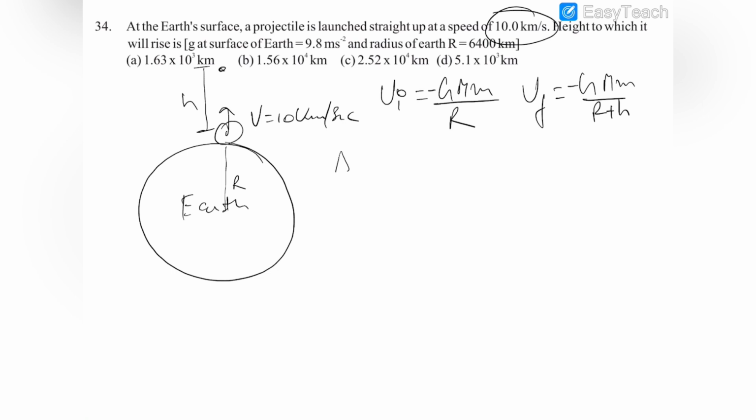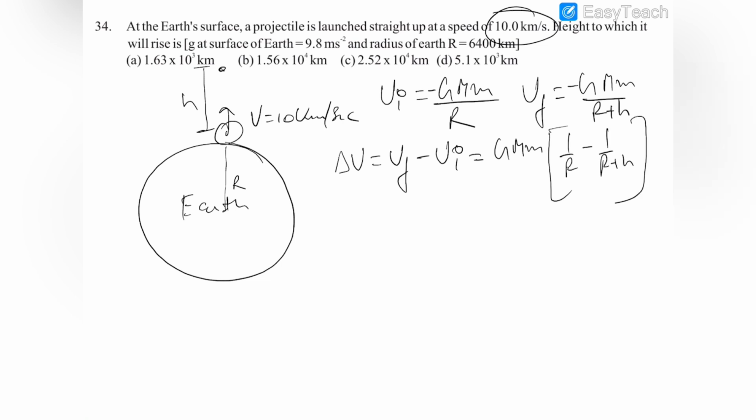So we can easily predict that final energy will be greater than the initial one, and therefore it would be GMm, which is common, times 1 by R minus 1 by R plus h. Okay, now this energy will be equal to the kinetic energy of the ball. So this is GMm divided by R into R plus h, and it would be h, and this is equal to half mv square.